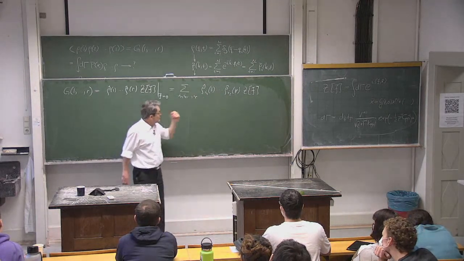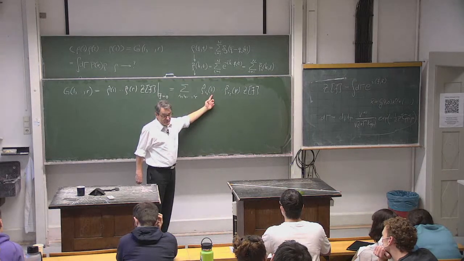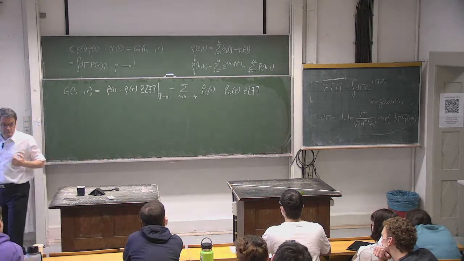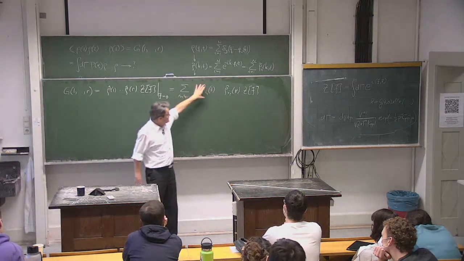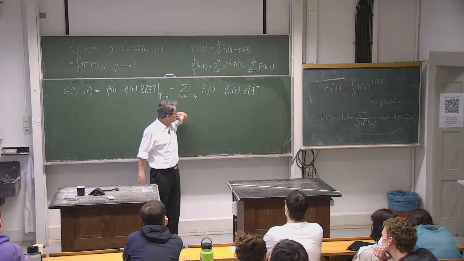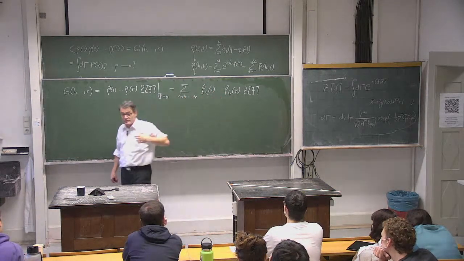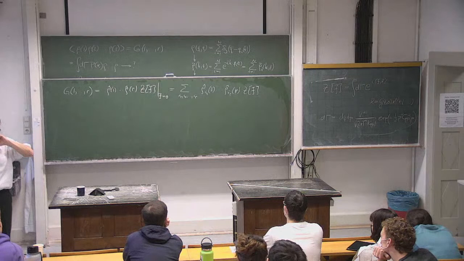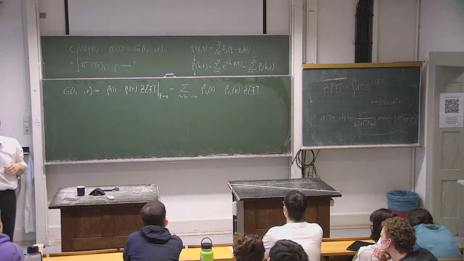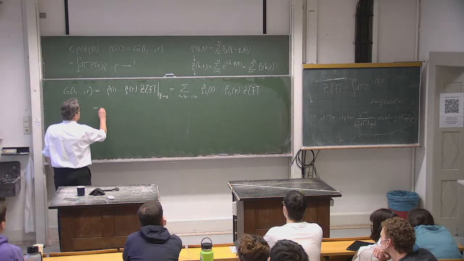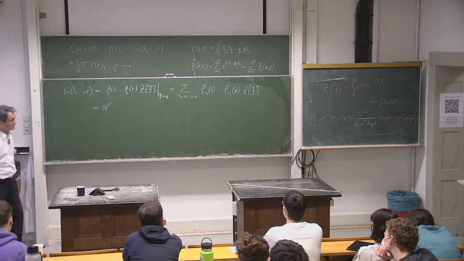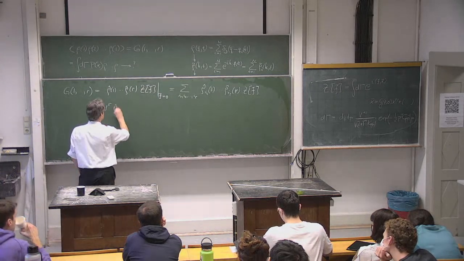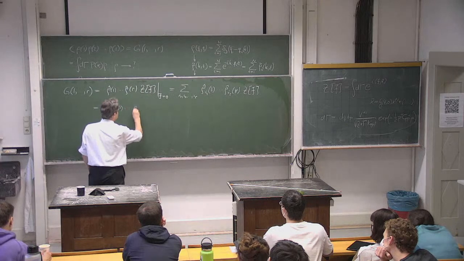In other words, by applying the first density operator, I will get n times the result of the one particle operator applied to Z of J. By applying the second density operator, I will get n squared times the result of applying the one particle density operators to the generating function and so forth. So this is going to be n to the power of r times the application of all the one particle density operators.